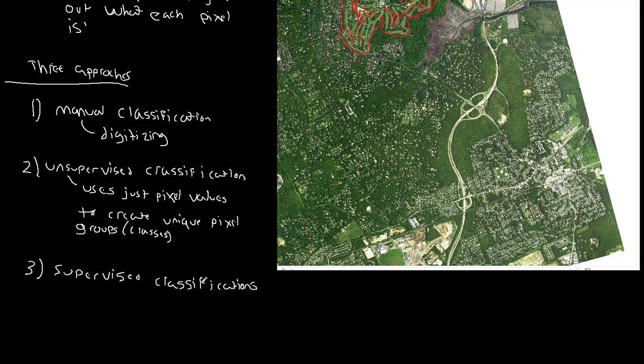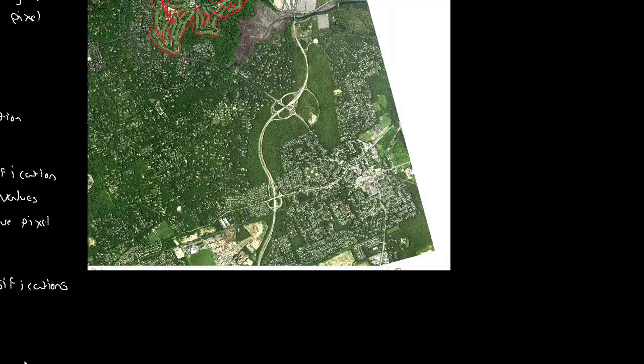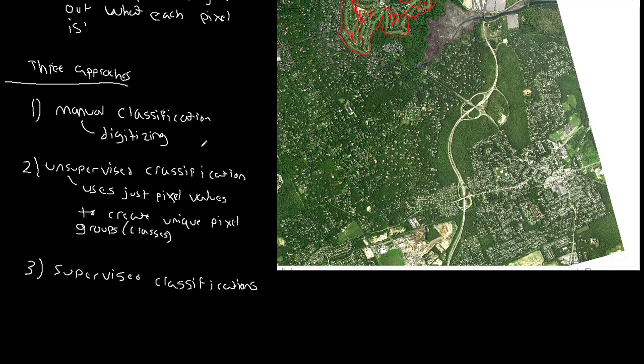We give the supervised classification the image, but we also give it what's called training data, which, as the name implies, is additional information.